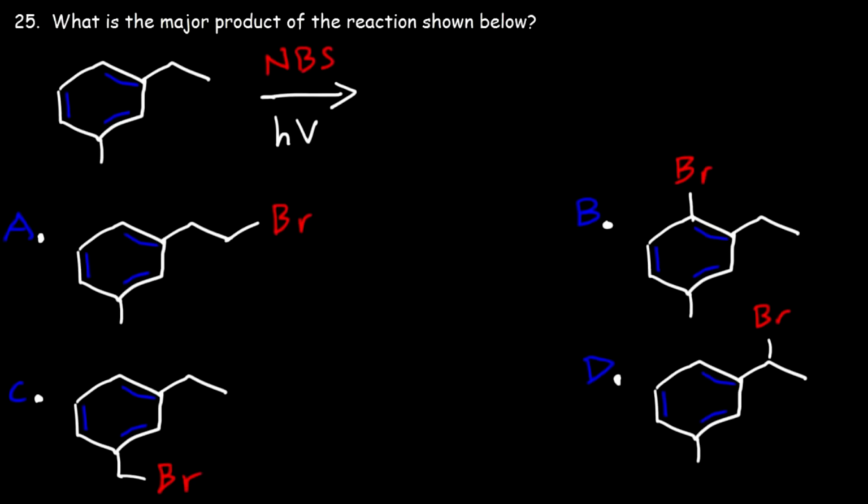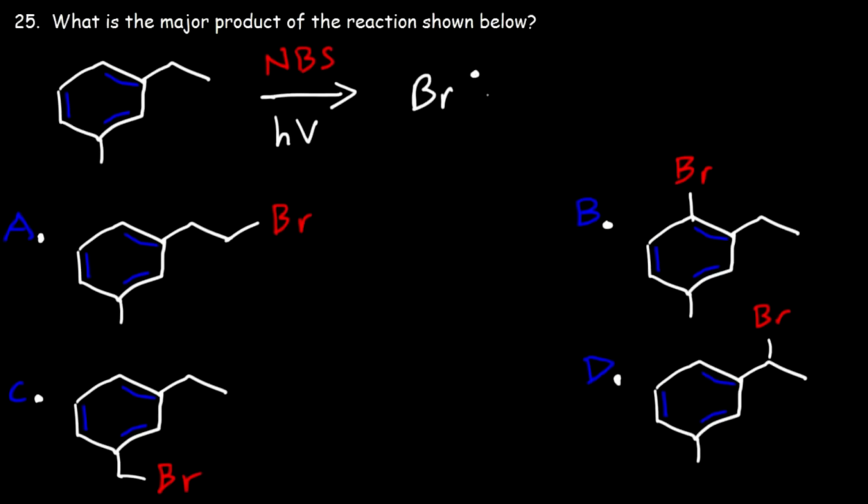25. What is the major product of the reaction shown below? NBS with heat or light works the same way as Br2 with HV. NBS produces radical bromine very slowly when activated with heat or light. So we know that the radical bromine is going to replace a hydrogen that will lead to the most stable radical.